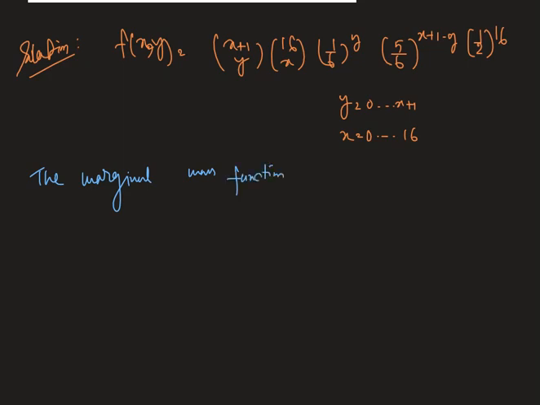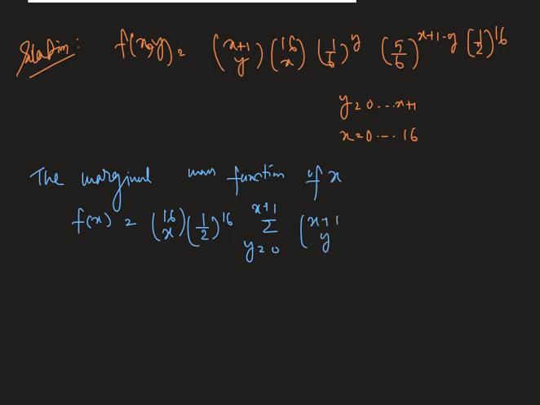The marginal mass function of x is f of x, which is 16 choose x multiplied by half to the power 16, summed over y equals 0 to x plus 1 of x plus 1 choose y multiplied by 1 by 6 to the power y into 5 by 6 to the power x plus 1 minus y.